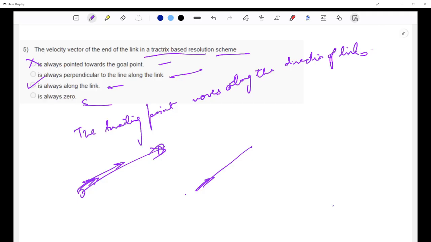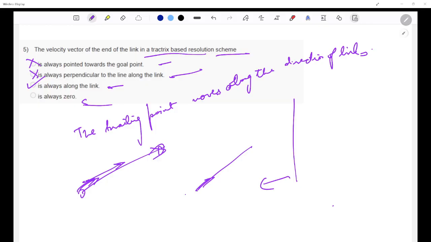So the option that we were checking was, is always perpendicular to the line along the link. So the link is like this. If the velocity were perpendicular, it would move in this direction. This would cause sideways motion of the link, which the tractrix method specifically tries to avoid. So the tractrix approach ensures no lateral sliding, hence this is incorrect.